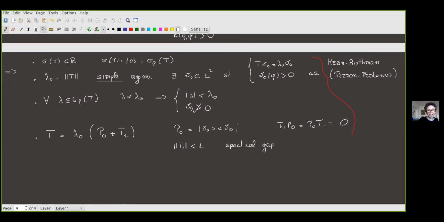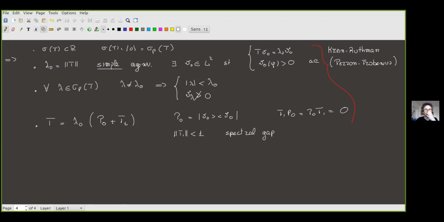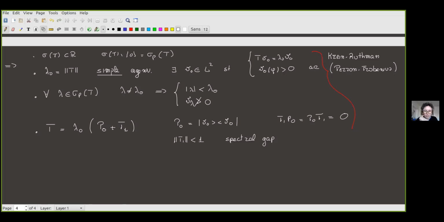Okay, and this is a simple version of Krein-Rutman. There are more general versions of this theorem. Okay, so now in our case, our operator is self-adjoint, it's compact, so we can apply this theorem.